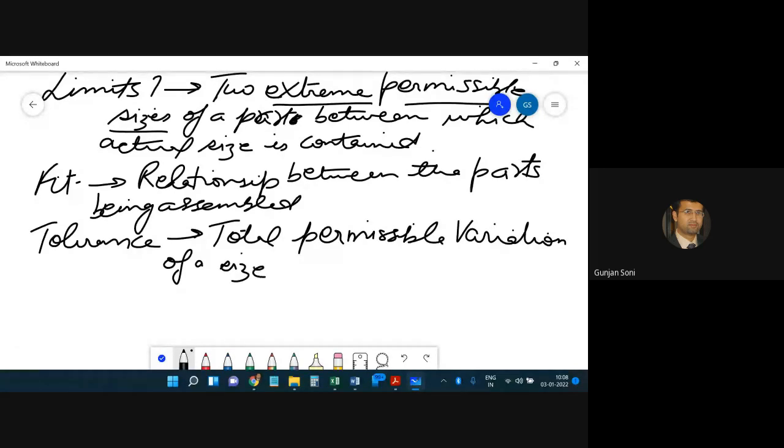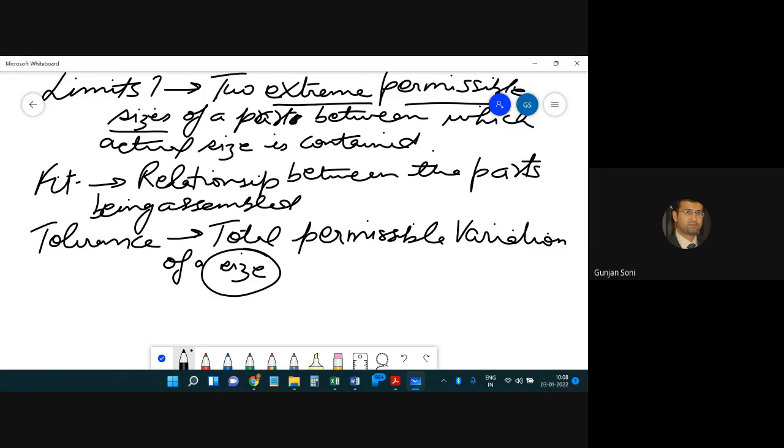Of a size means, let's say I want to produce a shaft of 50 mm. Now the 50 mm shaft is the size which I want to produce. So the word size indicates that 50 mm and how much permissible variation is allowed in that. We call this the basic size. Okay. So we will talk about them more.